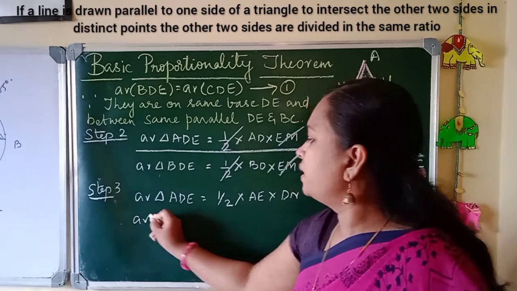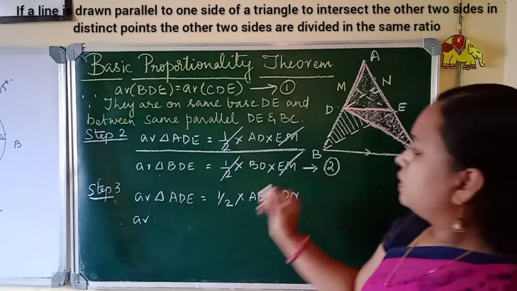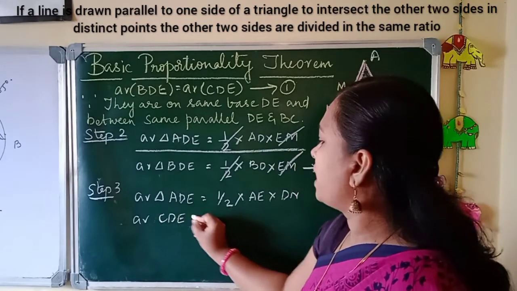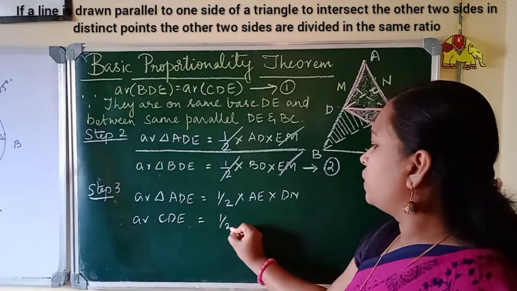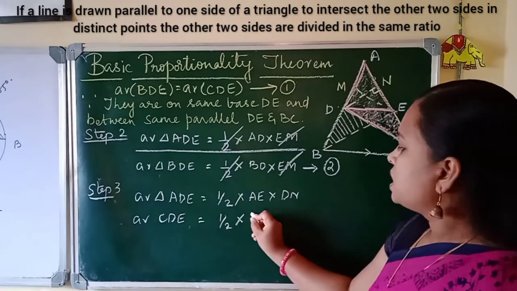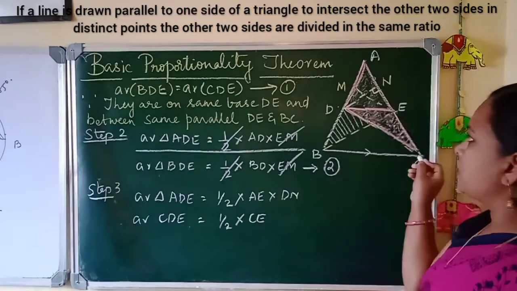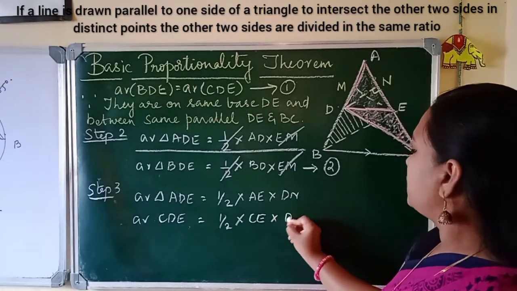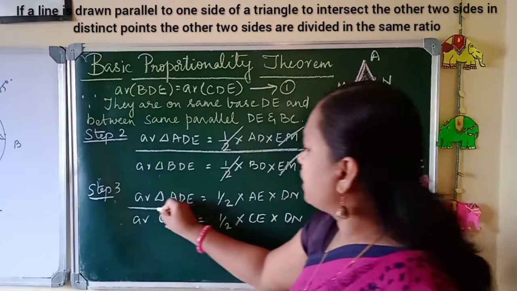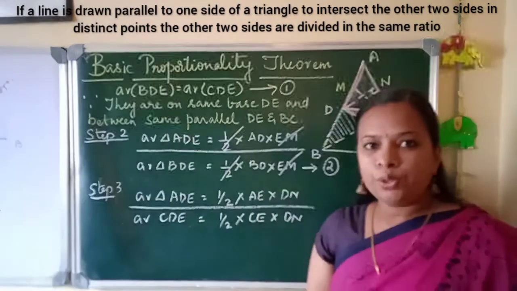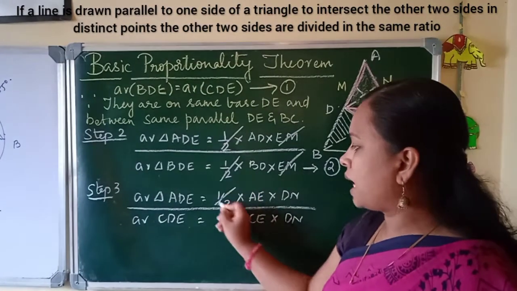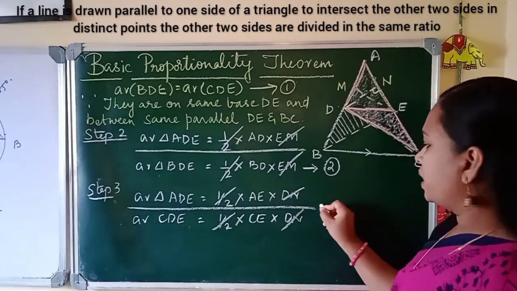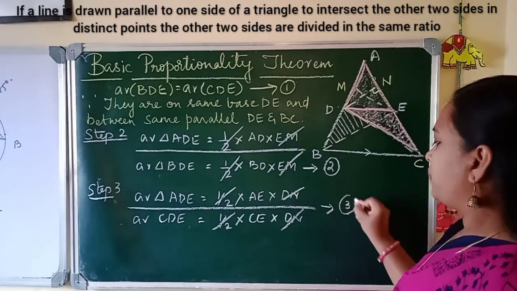Now we will take the other triangle, area of triangle CDE, that will be equal to half into CE. It is an obtuse angle triangle. This is the base, and the height will be outside it, that is DN. So we are going to compare both the ratios. When you compare both the ratios, you can cancel half and half, DN will get cancelled, and you can give this as equation 3.